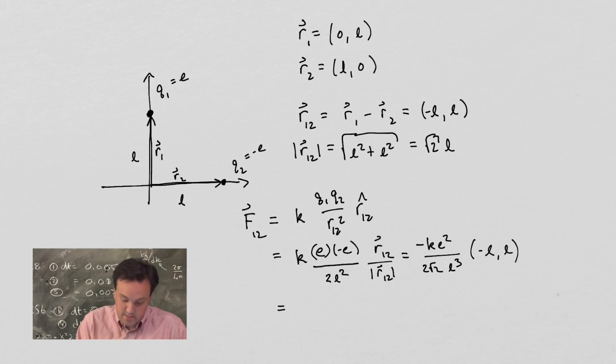And so now let me distribute that common factor through, and I can cancel out one of the L's. I get the ordered pair that's equal to K E squared over the square root of 2 L squared, comma, minus K E squared over the square root of 2 L squared.